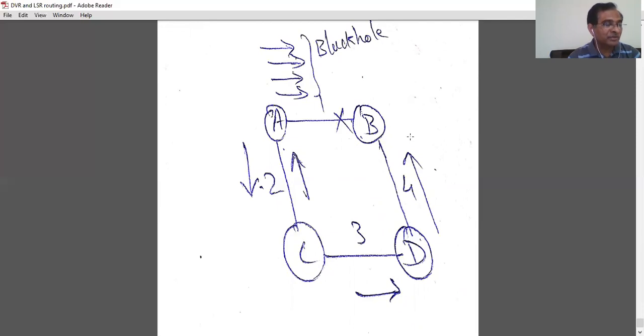Once LSR came into existence, DVR is very rarely used. Bandwidth required is less in DVR and high in LSR. DVR works on local knowledge, while LSR works with global knowledge. DVR uses the Bellman-Ford algorithm, and LSR makes use of Dijkstra's algorithm.